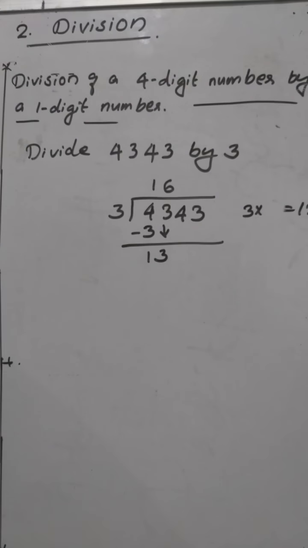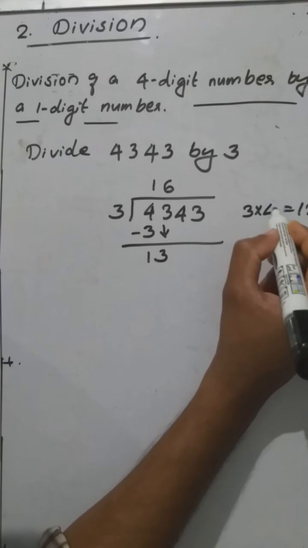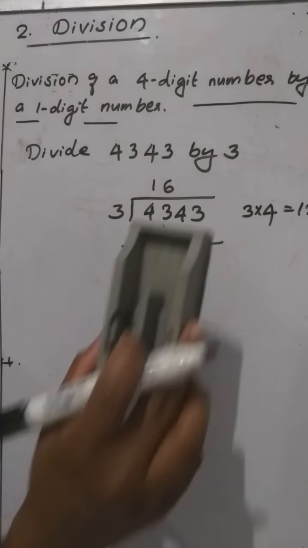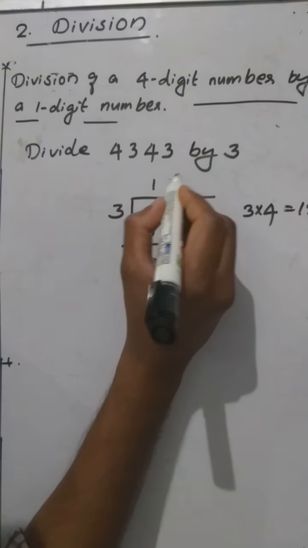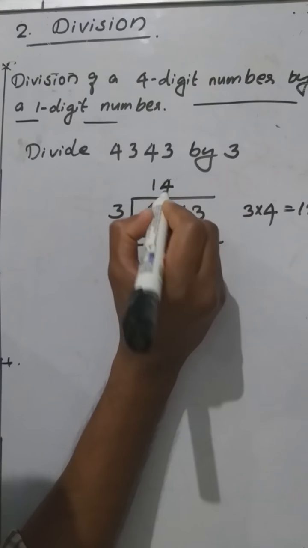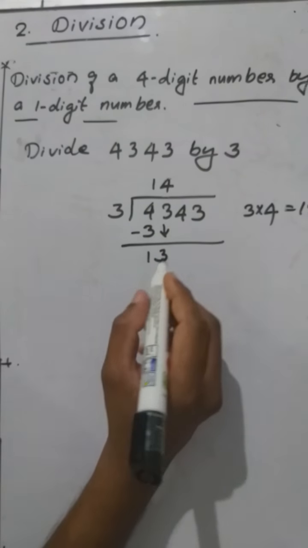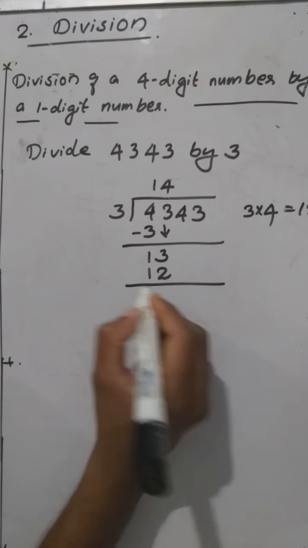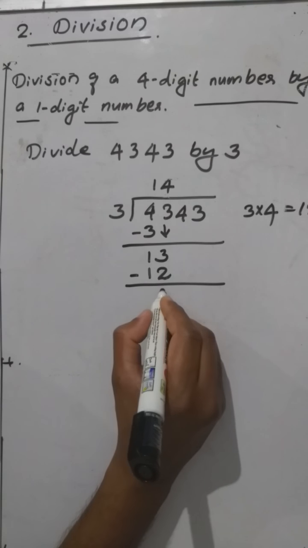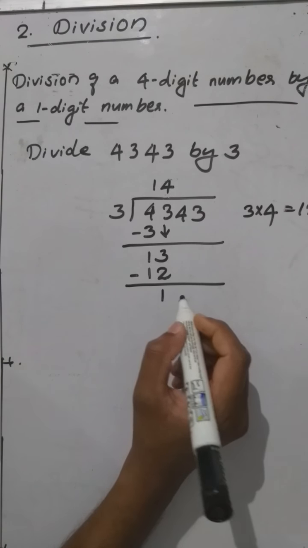Not 6, 3 6's are 18. 3 4's are 12. And here also you write 4. 3 4's are 12. And 13 minus 12, you got 1.